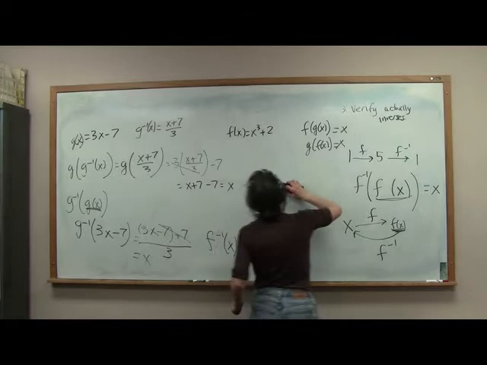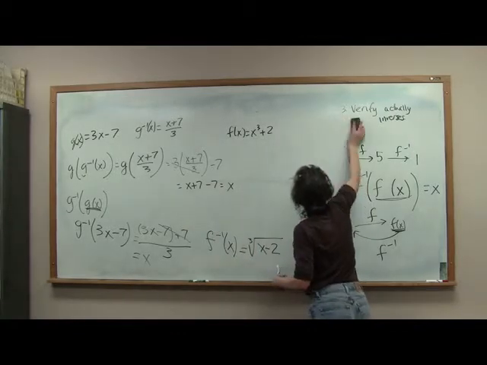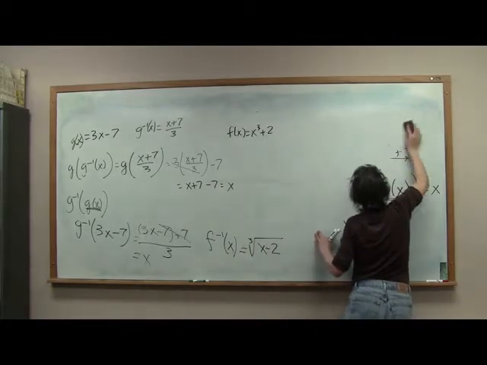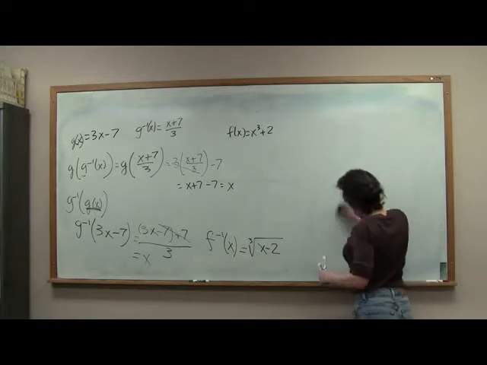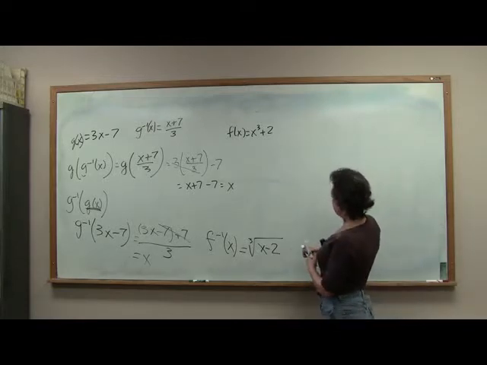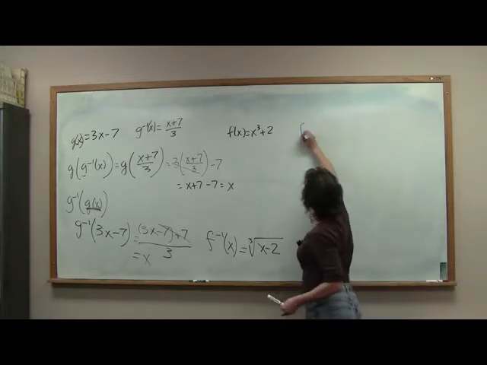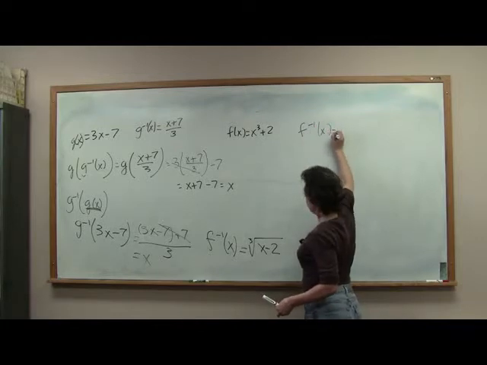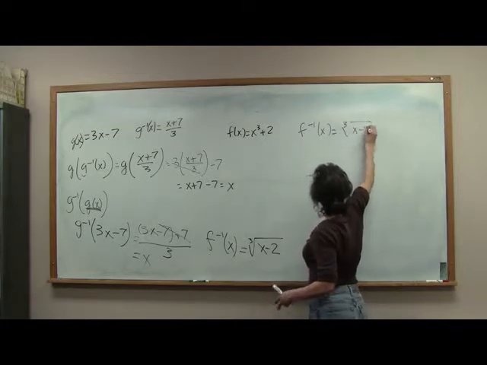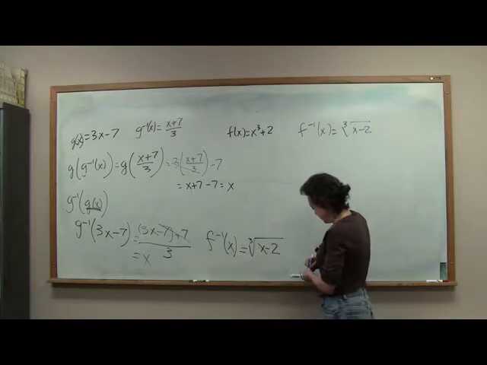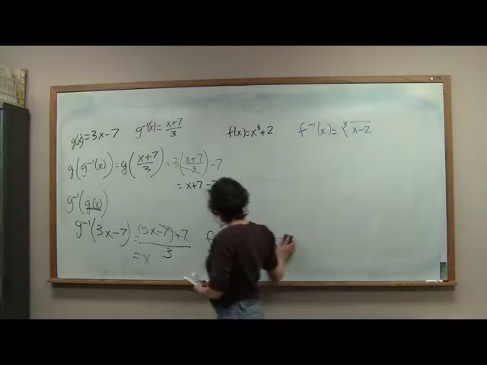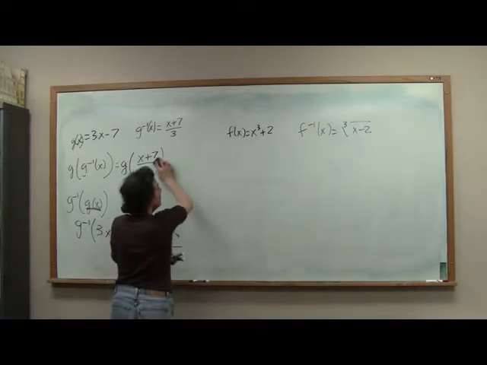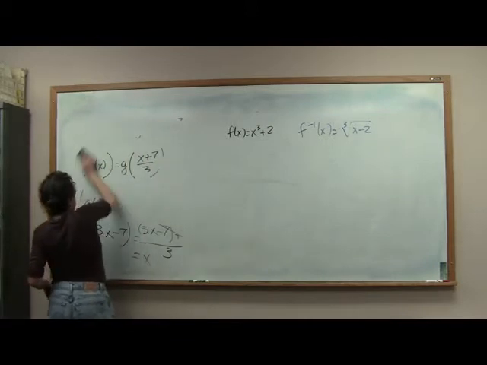All right. Let's do that with this one here. And then we just have a few word problems to go through. So here we found the inverse to be the cube root of x minus 2. So what we're going to do right now is just verify that these two are inverses of each other.